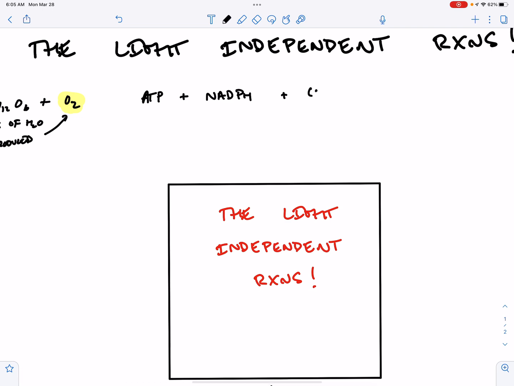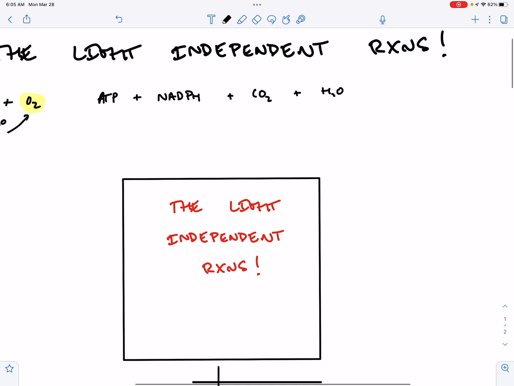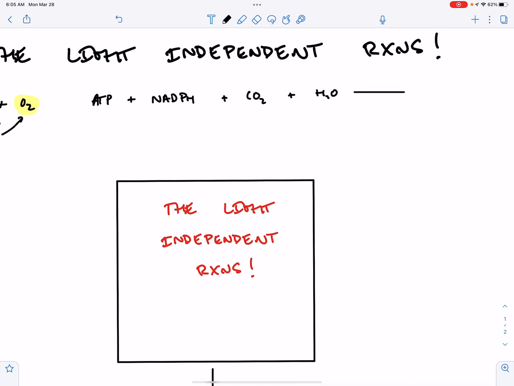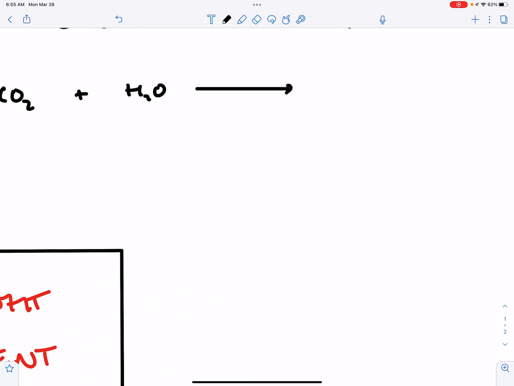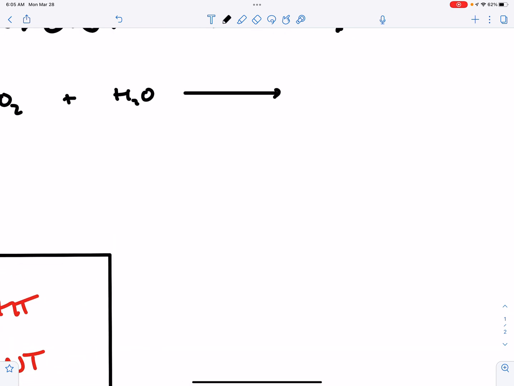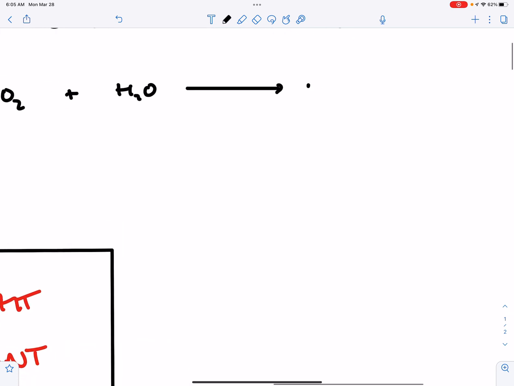So with CO2, a little bit of water, we are going to make a few things. Well, first, we're going to split ATP to ADP and free phosphate.